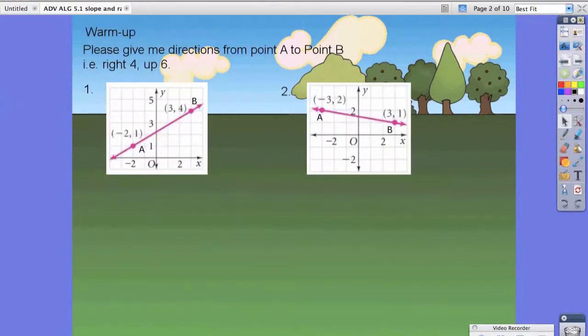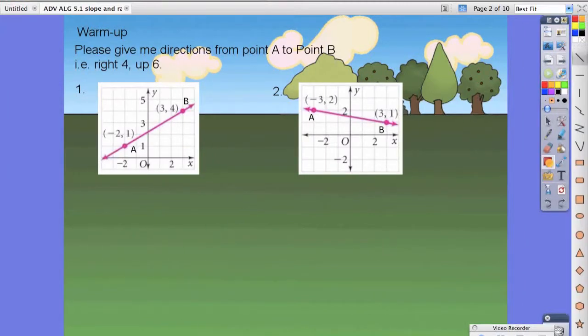Now, before we get started, let's look at a quick exercise to help us get better at finding slope. In number 1, it says, give me the directions from point A to point B. For example, right 4, up 6. As we go from point A to point B, you'll notice that we went up 1, 2, 3 points, and we went to the right 1, 2, 3, 4, 5 points.